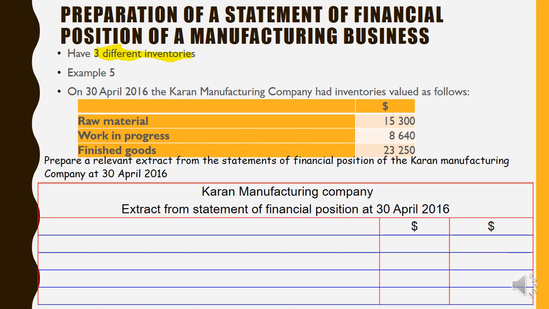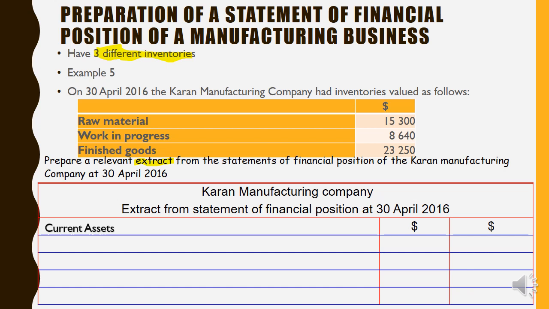What is the meaning of extract? Only a part of the statement of financial position. Raw material, work in progress, and finished goods are closing inventories. Do you know under the statement of financial position, closing inventory will be in which part? Either NCA, CA, NCL, or CL. Yes, current asset. So we write current asset.